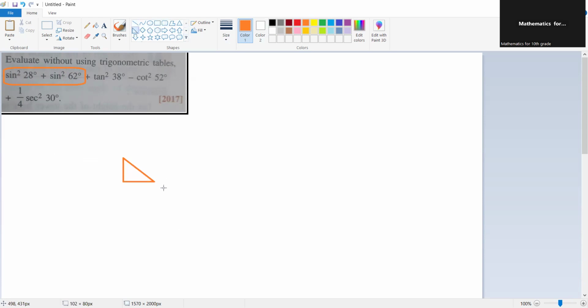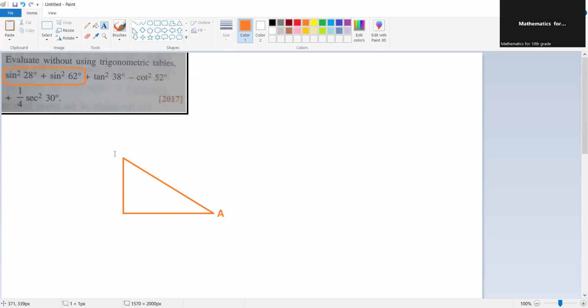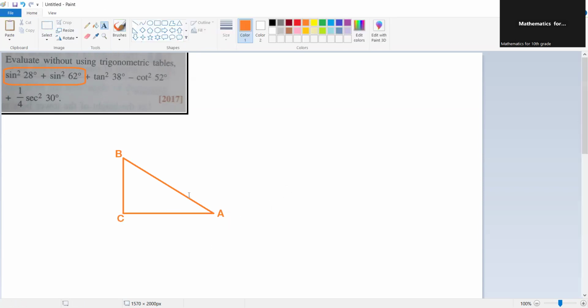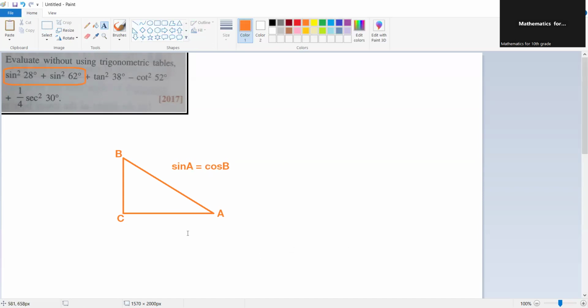Now in a right triangle, if this is angle A, this is angle B, and the right angle is angle C, then sine of A would be equal to cos of B, because A and B are complementary angles.